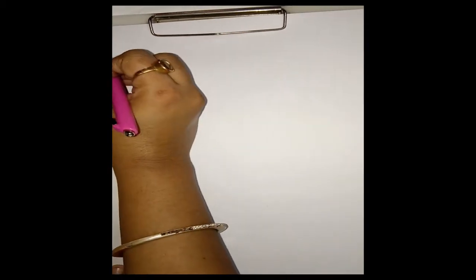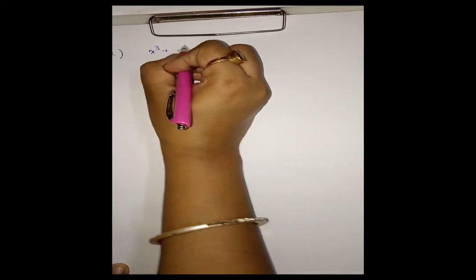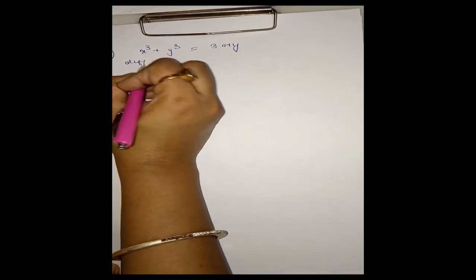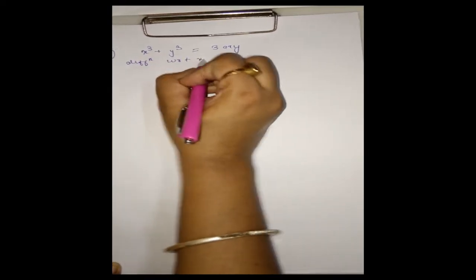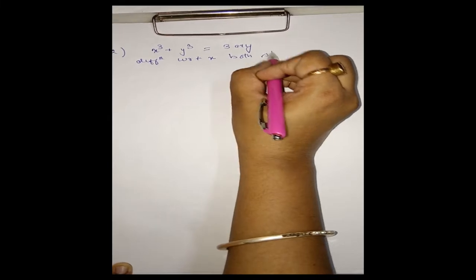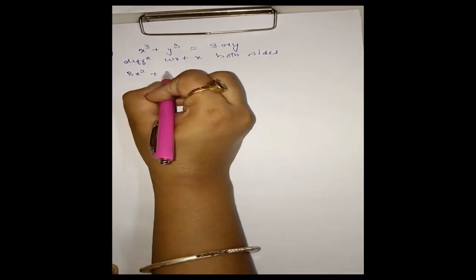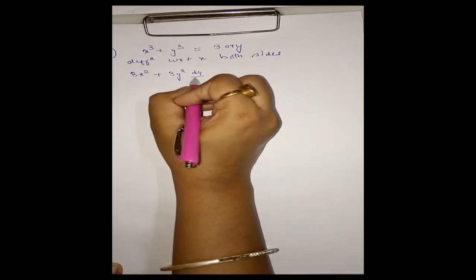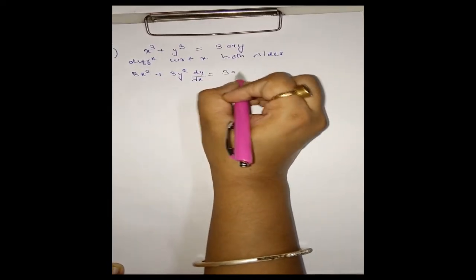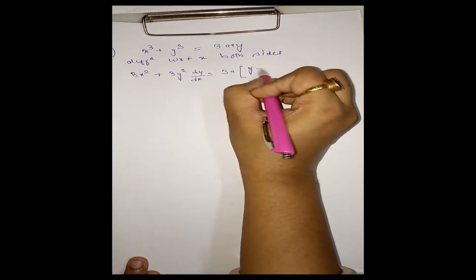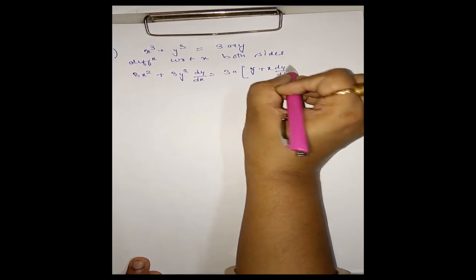Second curve given to us is x³ + y³ = 3axy. Differentiating with respect to x both sides, this is 3x² + 3y² dy/dx = 3a. Now applying the product rule of differentiation, this is y + x dy/dx.